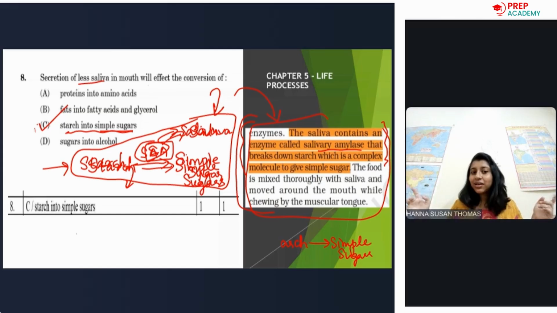That is, these questions are direct only because you know that saliva has an enzyme called salivary amylase. This will help in the conversion of starch into simple sugars. That you will easily understand from your textbook. But nowhere in your textbook is it given as secretion of less saliva in mouth will affect the conversion of.